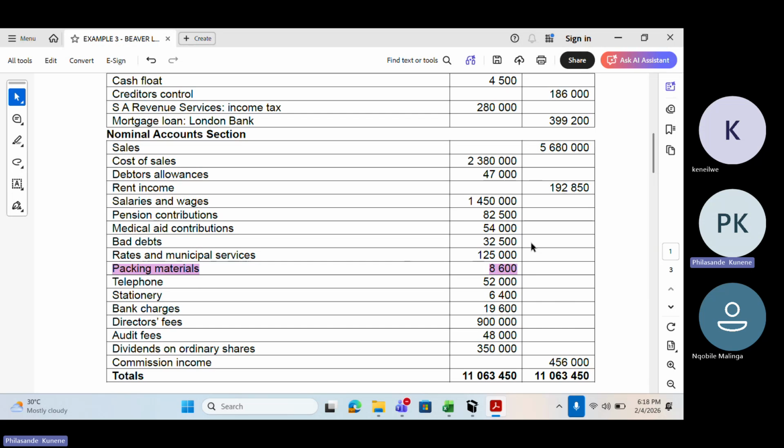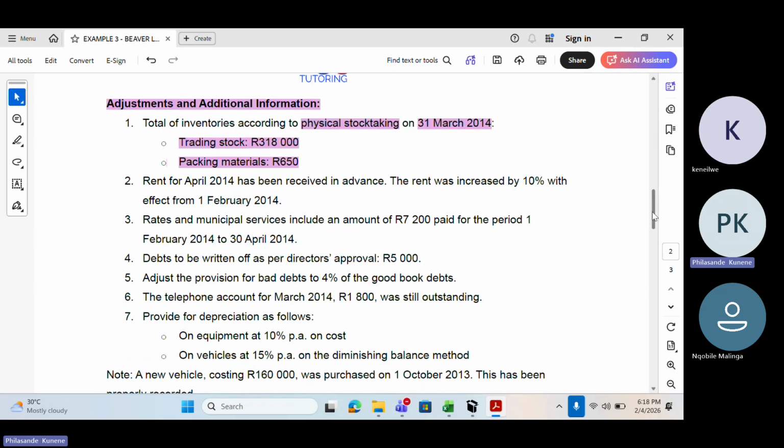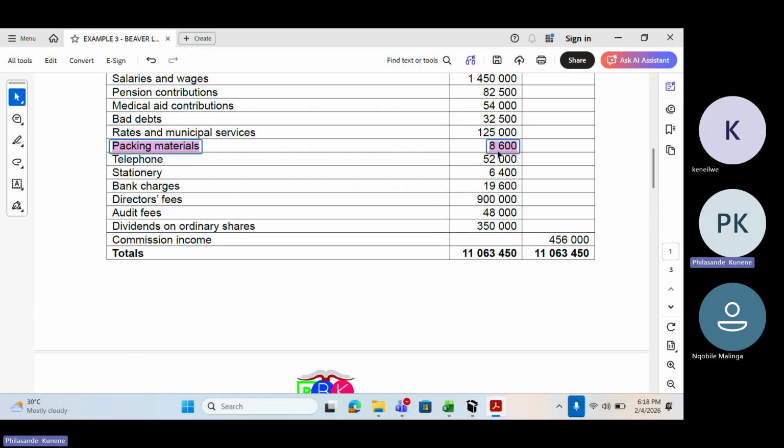Packing material of 8,600 was purchased during the year. But how much are we left with? 8,600 was purchased and we were left with 650 at year end. So there is packing material that was used during the year, which is the difference between 8,600 and 650.